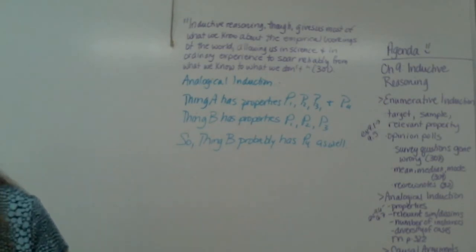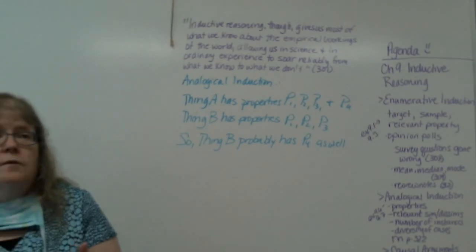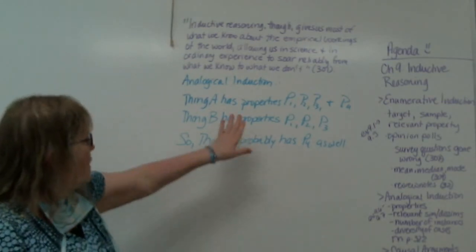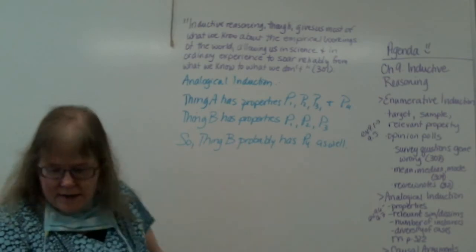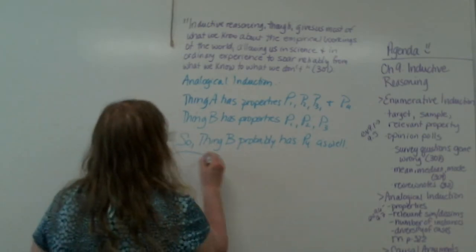Okay, and it matters. So we have relevant similarities. The more relevant similarities there are between the things being compared, the more probable the conclusion. So again, we're talking about these things.